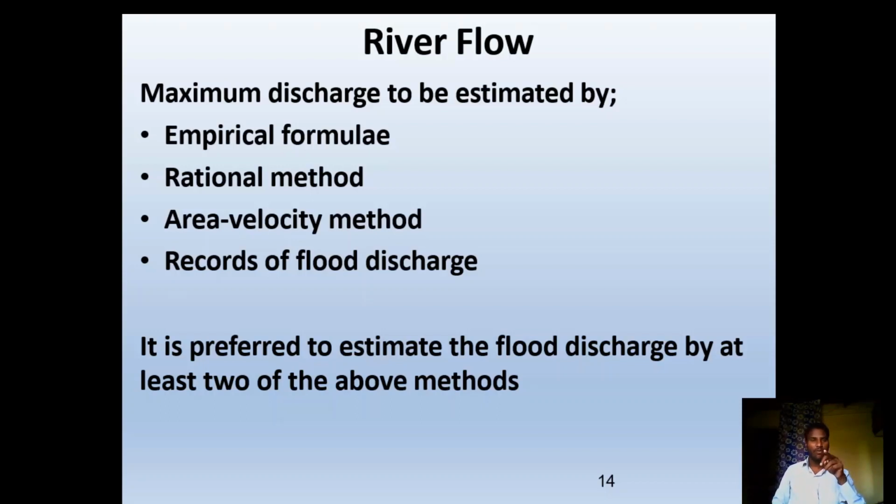Once again, I would like to repeat the methods: empirical formula, rational method, area velocity method, record of flood discharge. Out of these, you have to prefer at least two methods for estimating the flood discharge.